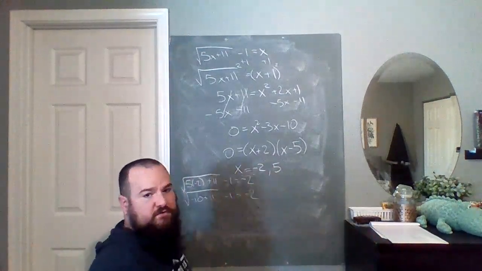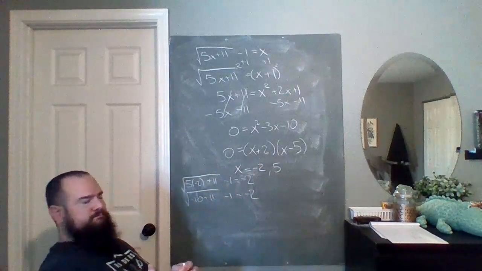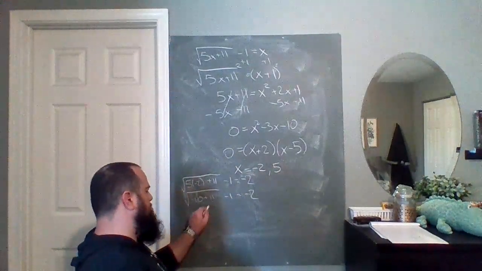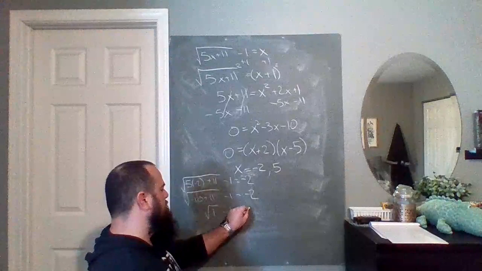Okay, so multiply the 5 and the negative 2, we get negative 10. Negative 10 plus 11 is 1, minus 1 is negative 2.